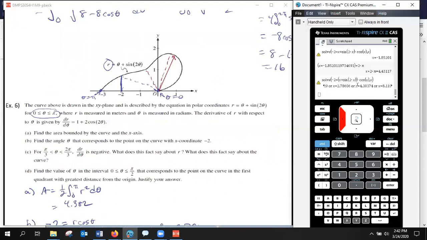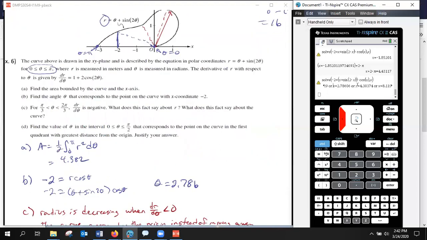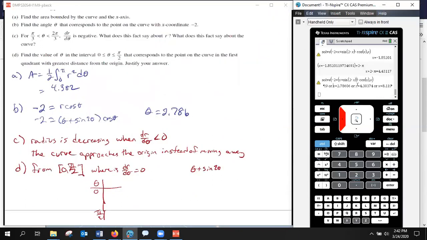So going back to my radius of theta plus sine of 2 theta, what's the derivative of this with respect to theta? That would be 1 plus 2 cosine of 2 theta. So where does that equal 0?